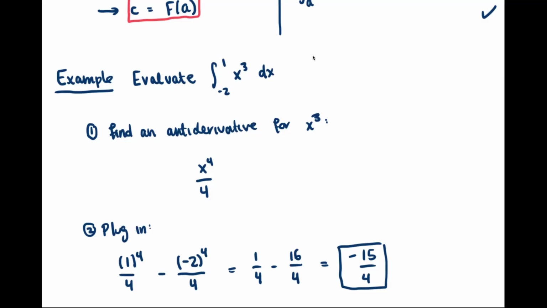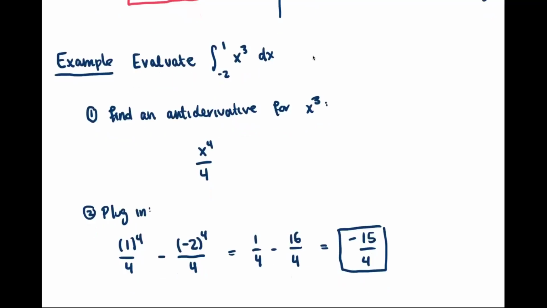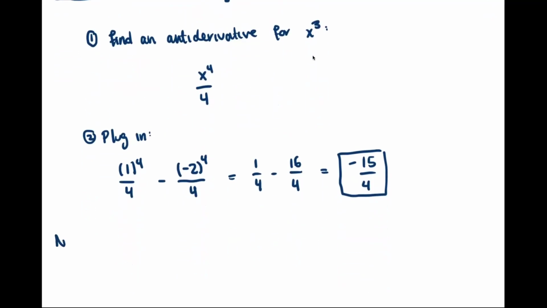Okay, sounds good. I'll do some notation and then an example. Here's some notation that's often used for the evaluation step. If I have my antiderivative f of x, people will write a large right bracket like that, and then write a at the bottom and b at the top.